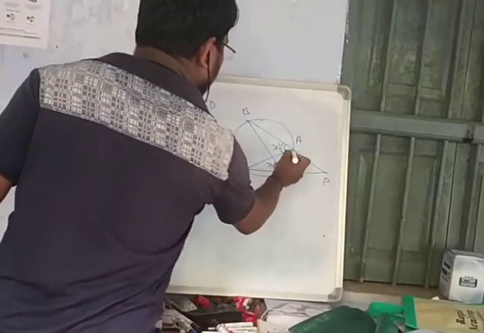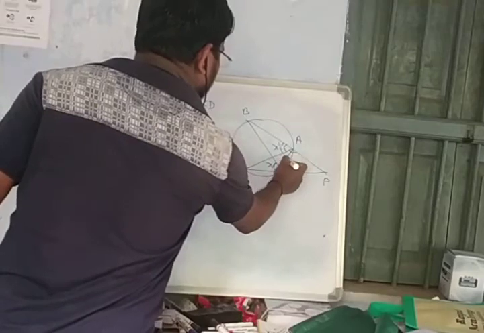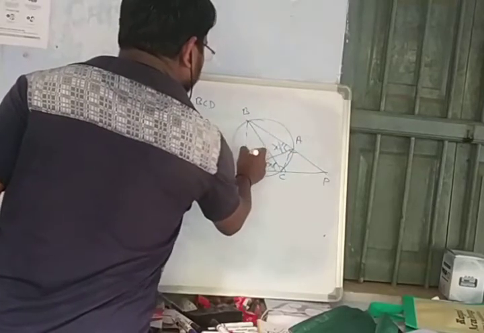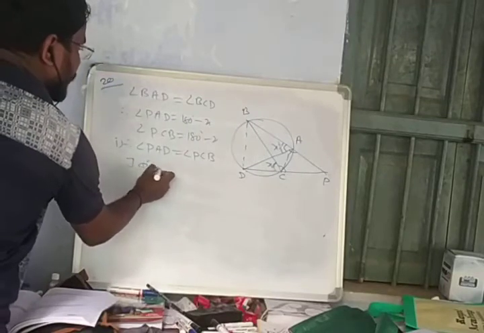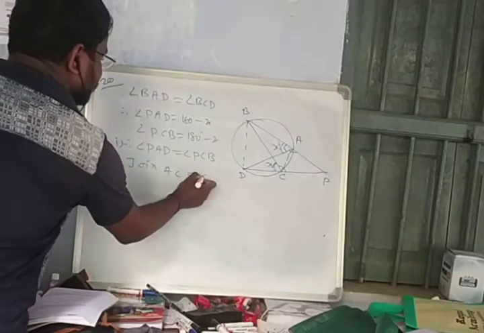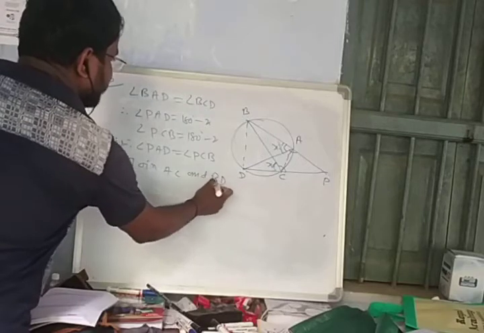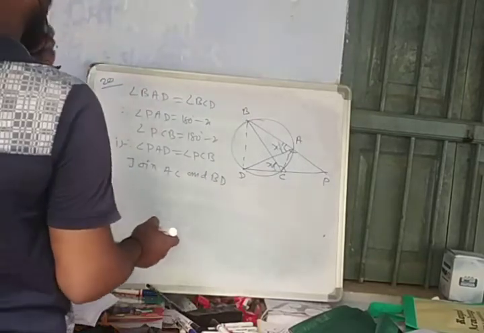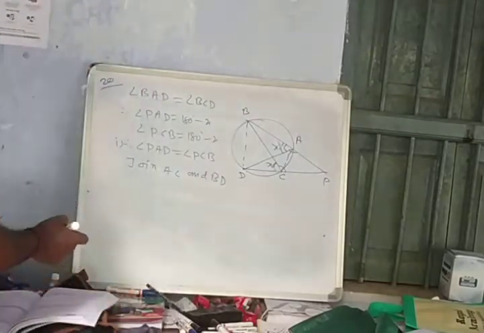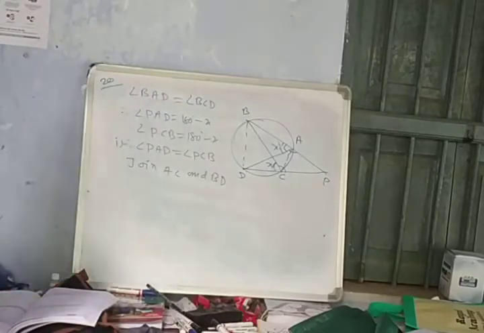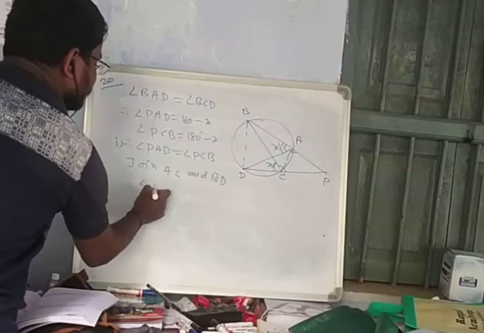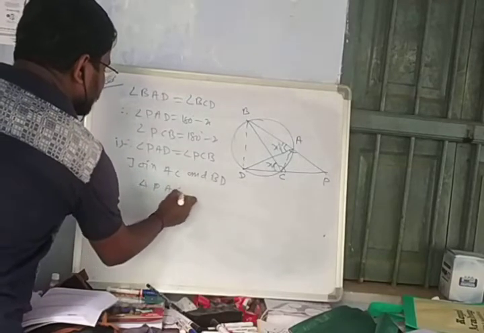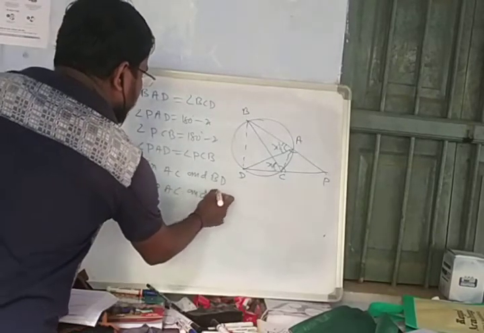To prove that, you have to join AC and BD. Then triangle PAC and triangle PBD.